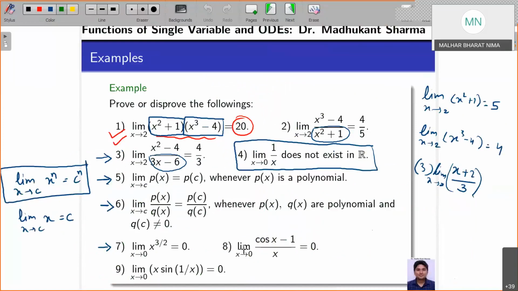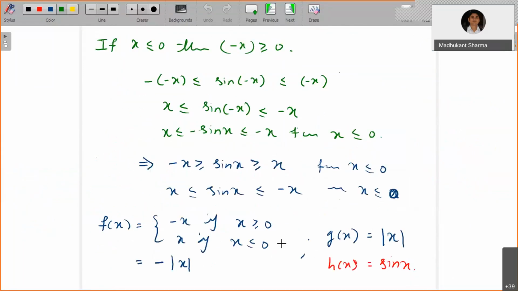So let's complete the eighth problem. This problem again uses the results we have just seen.